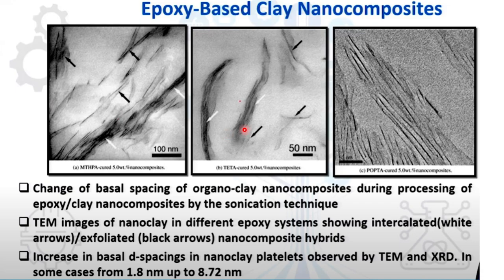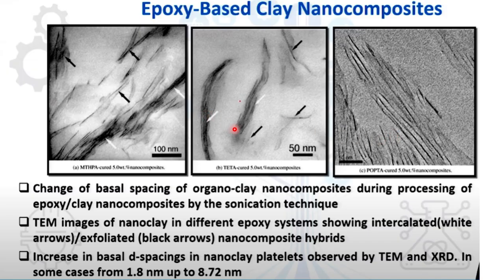If you check these two images, this is showing the clay material and this is showing that the polymer is very efficiently intercalated. That's why the d-spacing has already increased here.